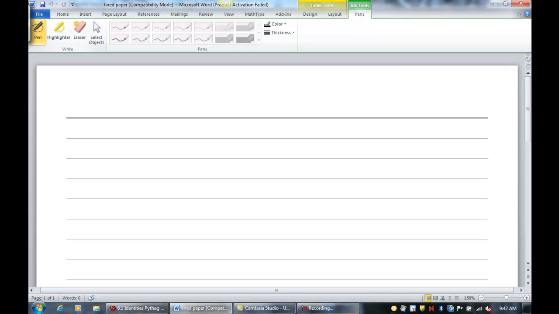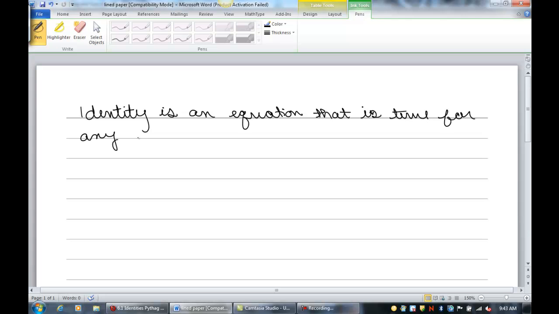So again, an identity is an equation that is true for any value chosen for the variable.